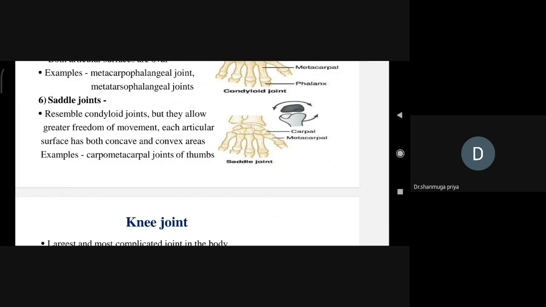They allow greater freedom of movement than condyloid joints because each articular surface has both concave and convex areas. Okay, is it clear? Okay.